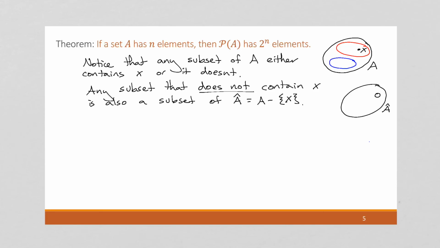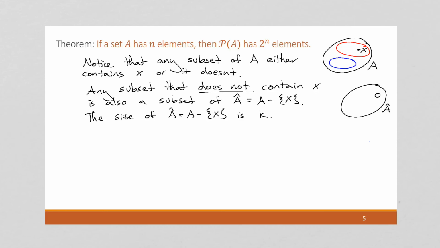Okay, so what is the size of A hat? The size of A hat, which is A minus {X}, is k. Because remember, the size of A is k plus 1, and we just removed an element, so A hat has one less, which is k.